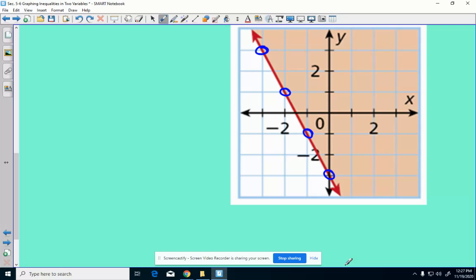The only thing you need to fix is your sign. Don't erase. Your line is solid, which means, yes, it would have that in it. That's the greater than sign. Where you at? So where does that cross the y-axis?